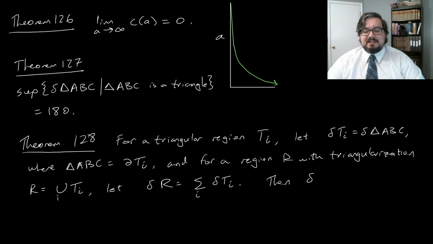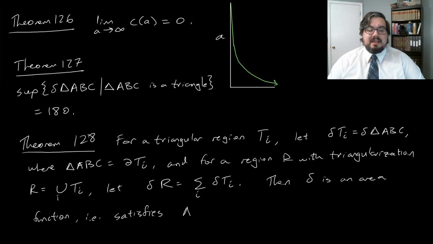Then this defect function expanded out to arbitrary polygonal regions is an area function, i.e. it satisfies the conditions A1 through A4.